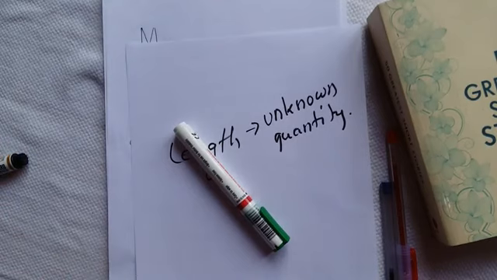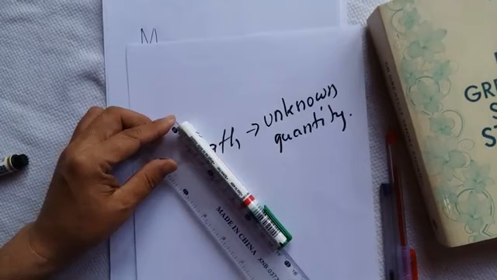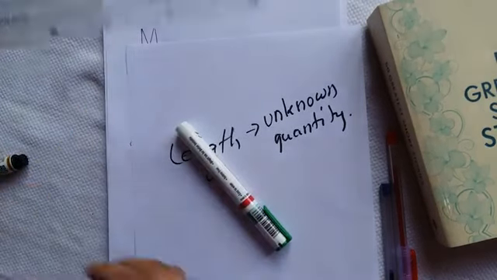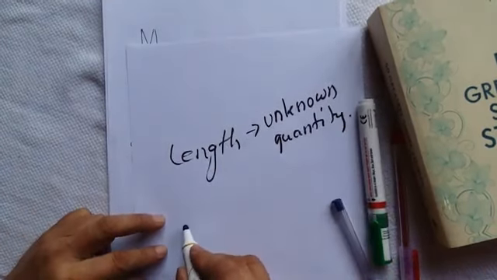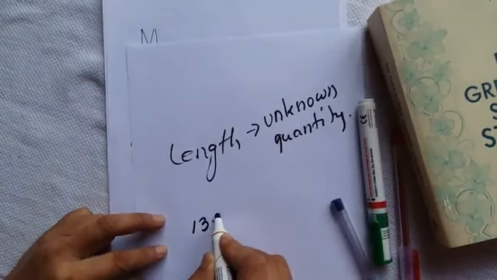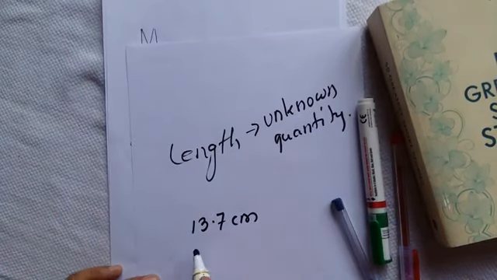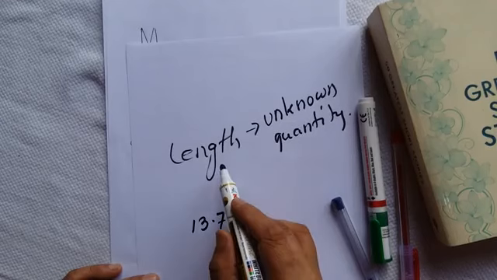That is, length is the unknown quantity. Let me measure the length. The length is 13.7 centimeter. Length is 13.7 centimeter. Here we are comparing the length.